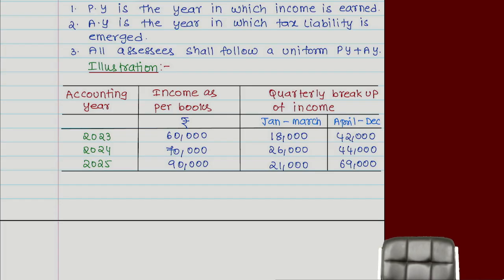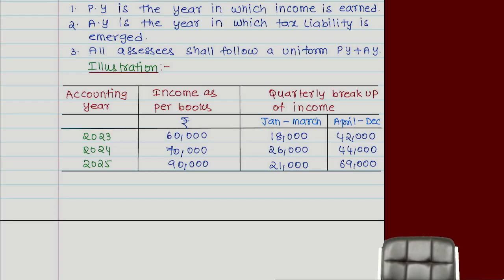Add also this. Understood? Yes, tell me, 42,000 plus 26,000. Why 26,000? This is between January and March of 2024, my financial year as per income tax. You prepare books in whatever way you want, but tax payment will be only as per the financial year policy.